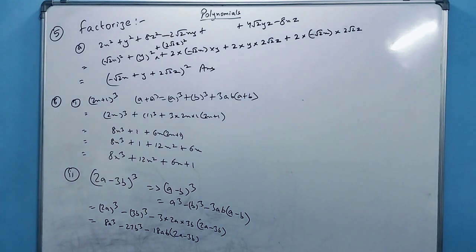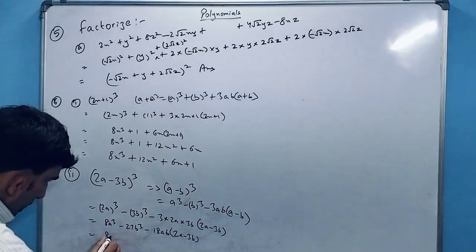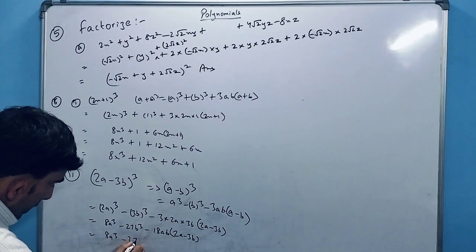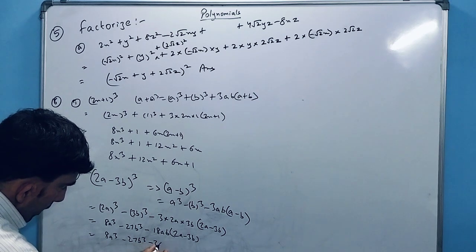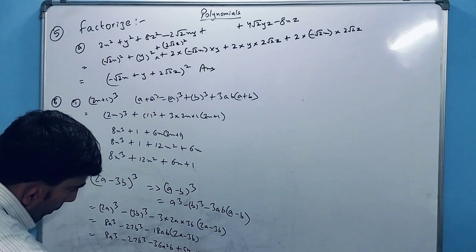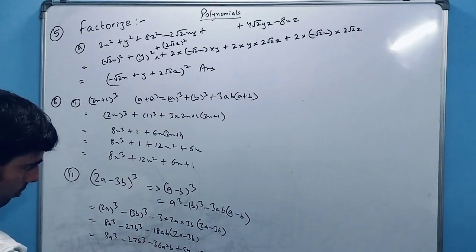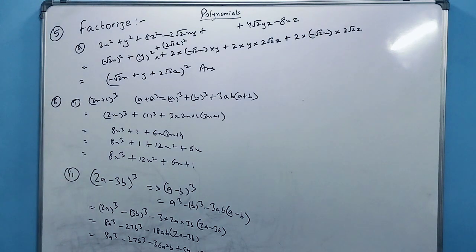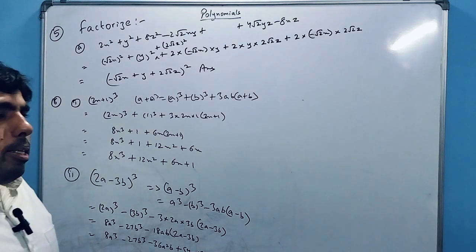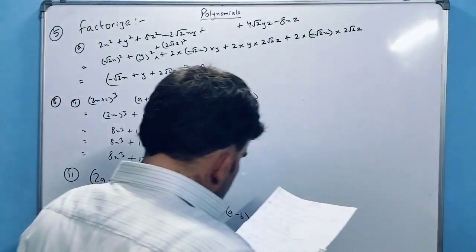We can solve it out further. Next step we can multiply this out in the expanded form. So 8a cube minus 27b cube minus 36a square b plus 54ab square. Okay, so this is my answer. So that is how we can easily apply the identity and try to solve the numericals.